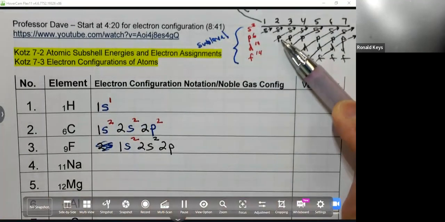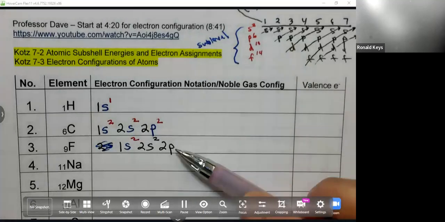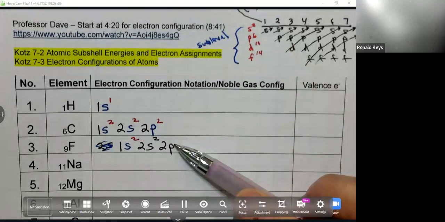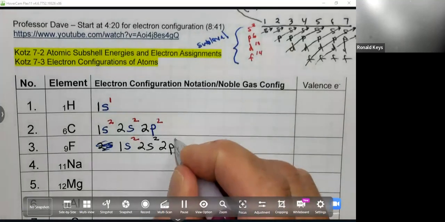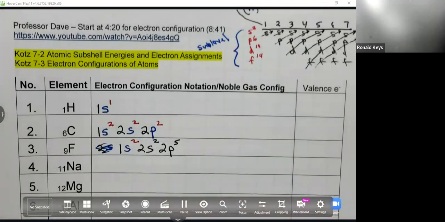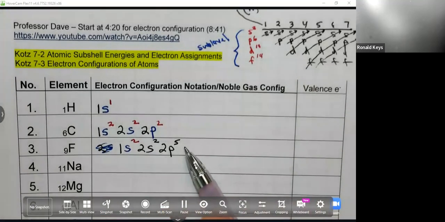Run this arrow right here. How many can I put in there total if I needed to? 6. How many more do I have left? 5, right? So I'm just going to go 2p5. That's going to be my 9 electrons. 2, 4, 5 is 9.